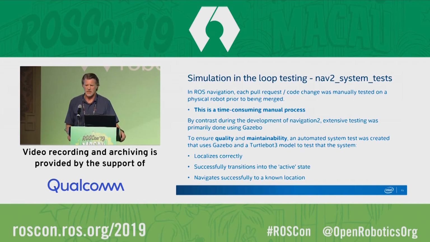So we wanted to add CI that would automatically test every pull request for us, which we have. And so we created a top-level system test for doing that. It launches Gazebo in a headless mode, so it can run within a Docker container. And it launches a robot, obviously inside of Gazebo, sends it commands to navigate, and then verifies that it actually reaches the goal.